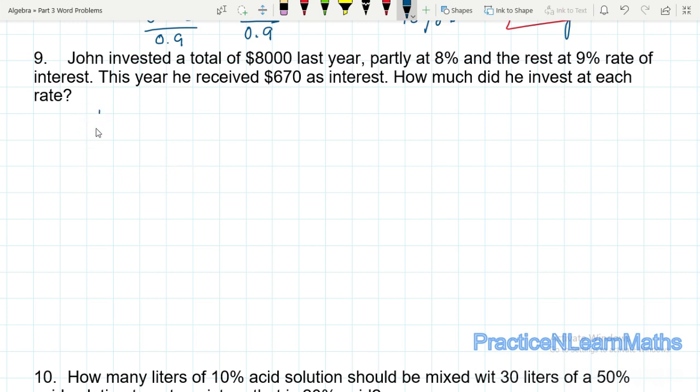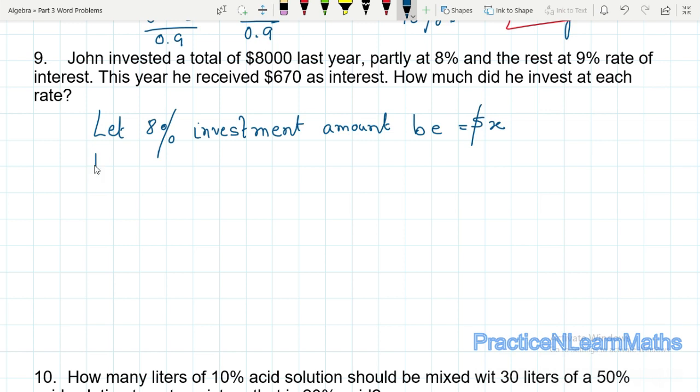Okay, let the 8% investment amount be equal to $x.